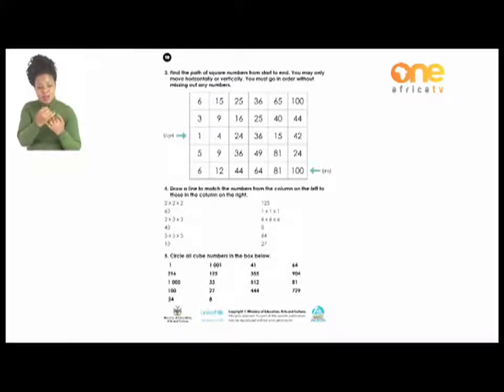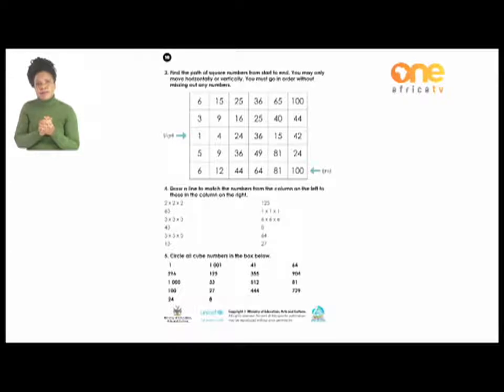You must go in order without missing out any number. Take note of the instruction which says you can only move horizontally or vertically, and the starting point is indicated with an arrow, and the ending point is also indicated with an arrow.